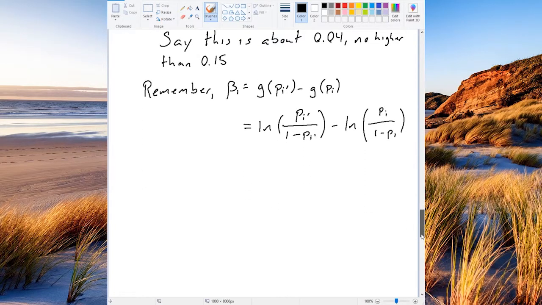Some of you may already see the trick here, this is equal to ln of pi prime divided by 1 minus pi prime, divided by pi divided by 1 minus pi.